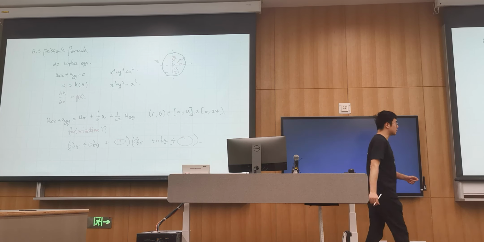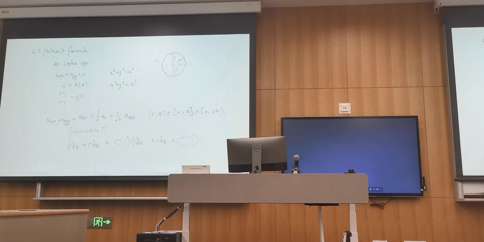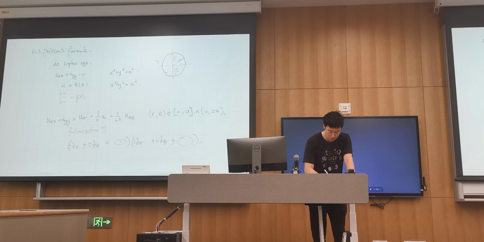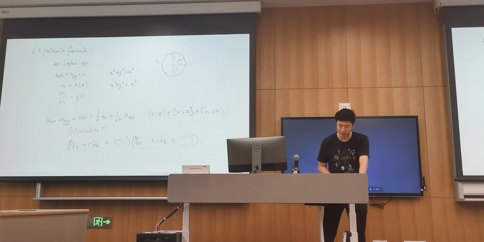So the product of these two things should be 1. And we may even simply assign them as 1, because we can always normalize one bracket with another. So these things are 1 for now.